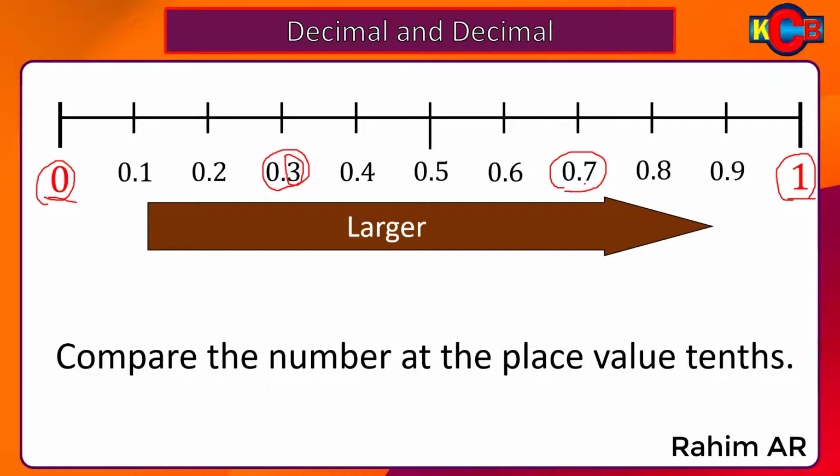For 0.7, the number at the place value tenths is 7. Since 7 is larger than 3, therefore 0.7 is larger and 0.3 is smaller.